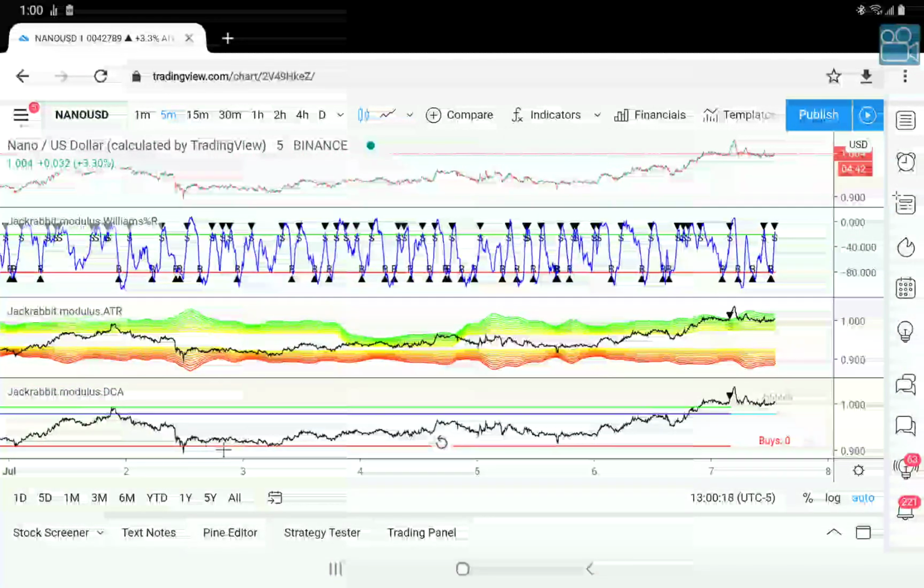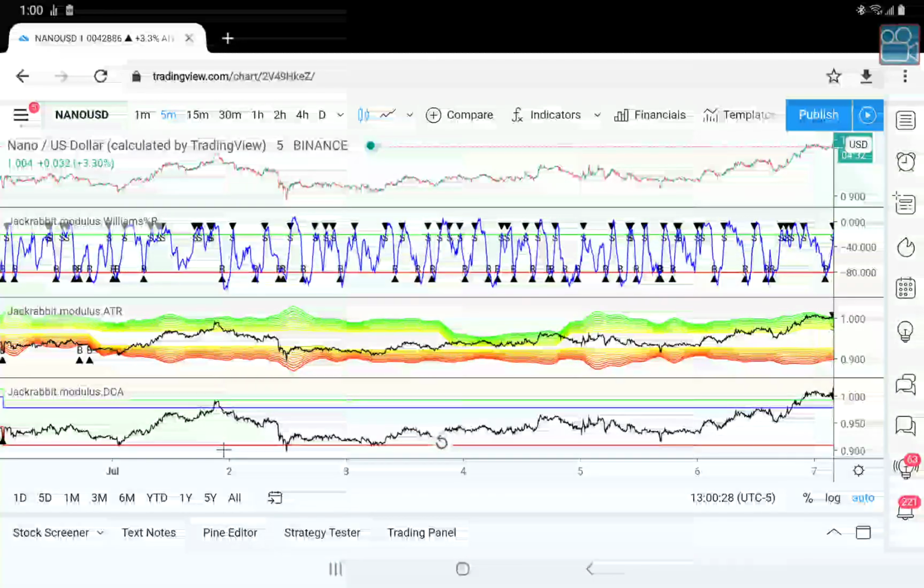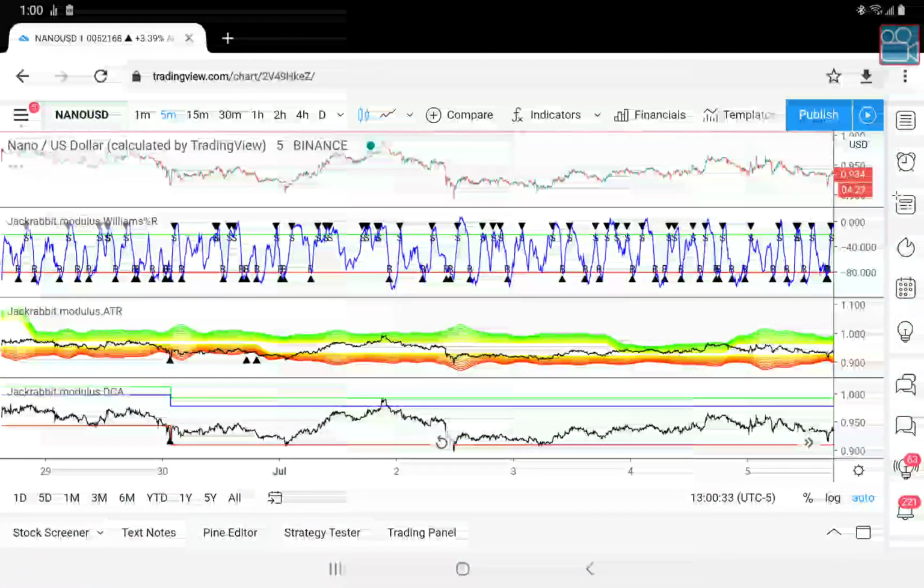So if you're looking for weeding out inappropriate signals, then definitely looking at dollar cost averaging in strategy mode is a good approach. But if you're looking at raw profit, you'll notice that for the most part, every single purchase that this combination makes is right on par with where it should be for the lowest point that the dollar cost averaging shows.